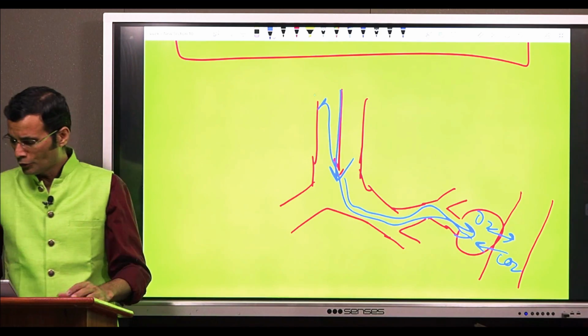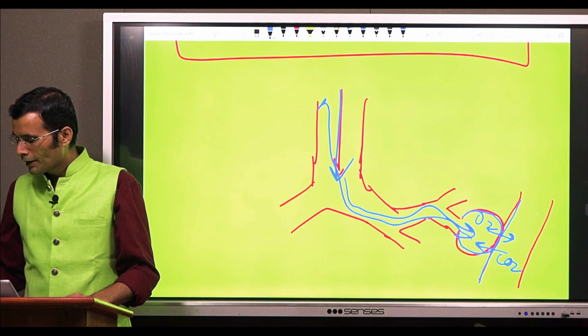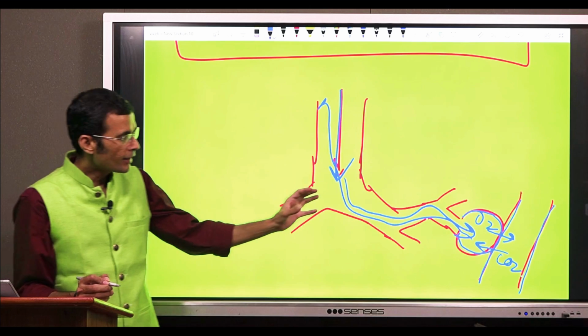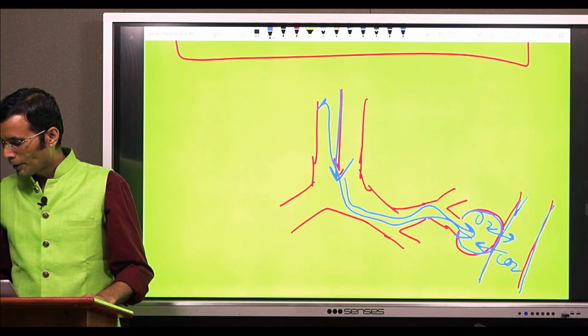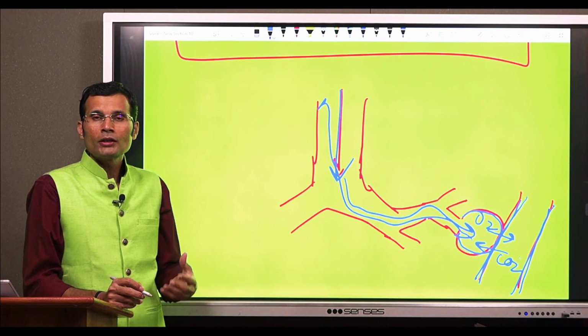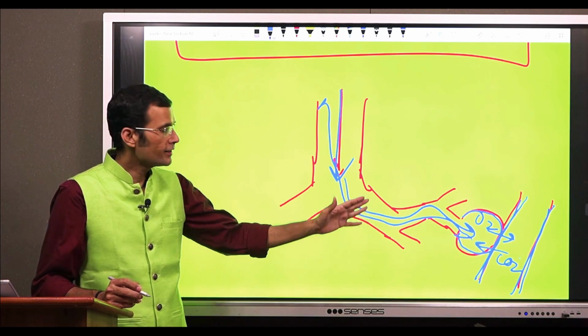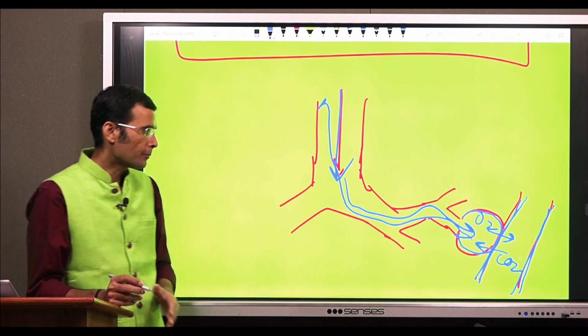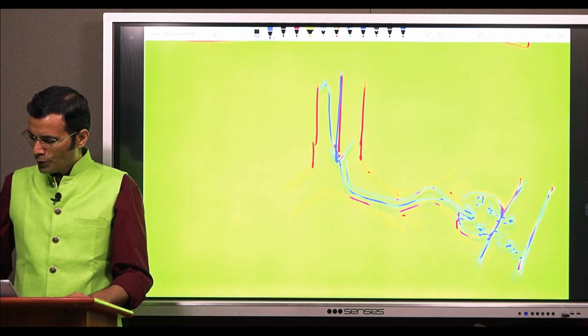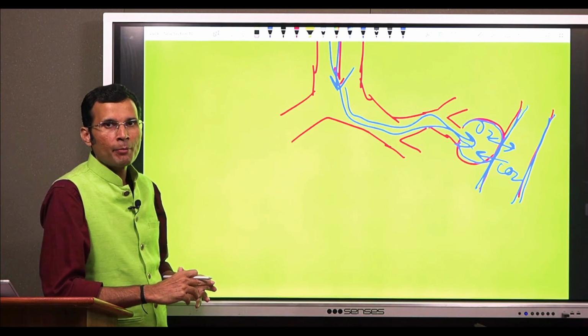So, we are talking about this alveolo-capillary membrane. There is alveolus and there is pulmonary capillary. Therefore, the diffusion of gases occurs across this respiratory membrane. Let's try to understand the layers of this respiratory membrane first.